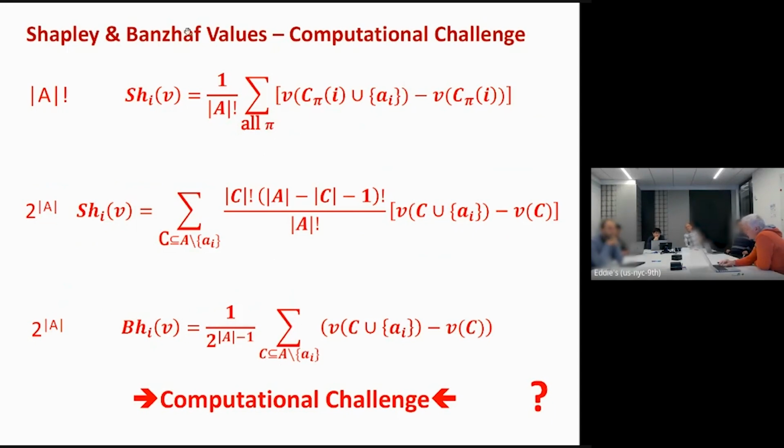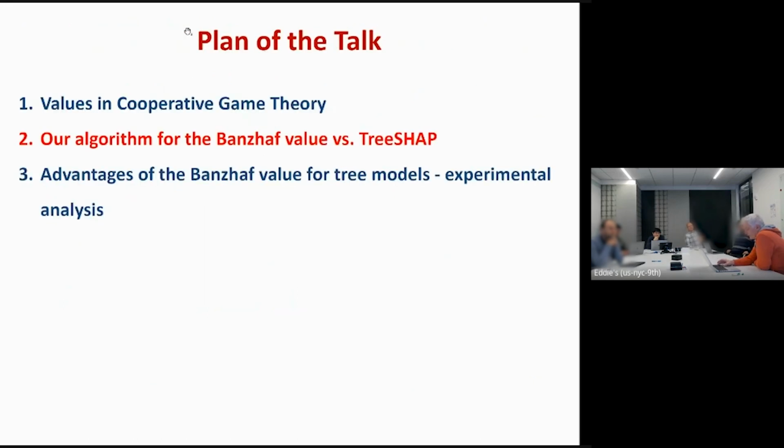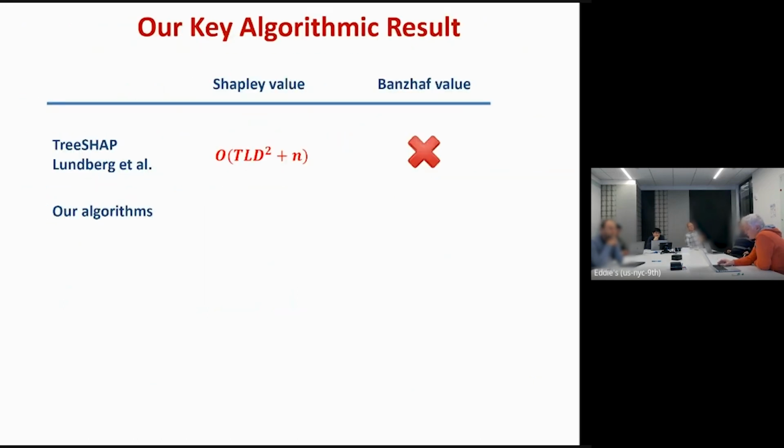So it doesn't seem to be a clean way of computing it, but what the Lundberg paper showed is that you can compute it in polynomial time for decision trees. And what we did, first of all, we showed an optimal algorithm for Banzhaf value.